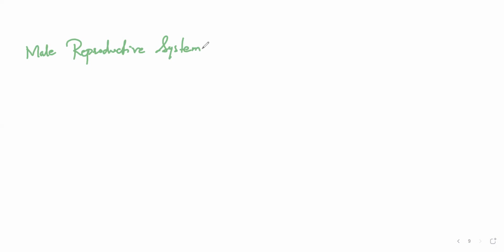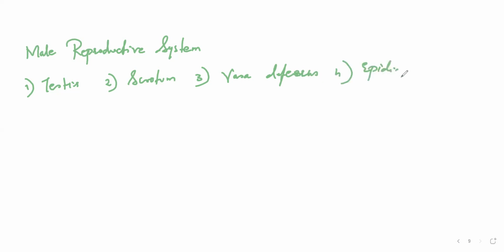This reproductive system comprises, first, the testis; second, scrotum; third, vas deferens; fourth, epididymis; fifth, urethra; sixth, penis; and seventh, accessory glands.